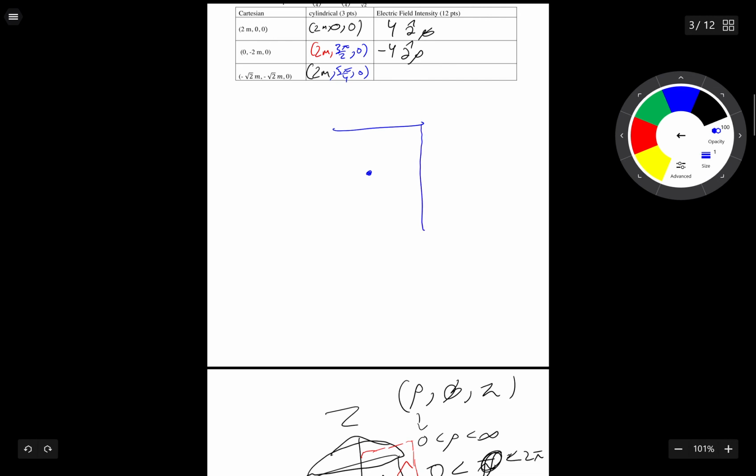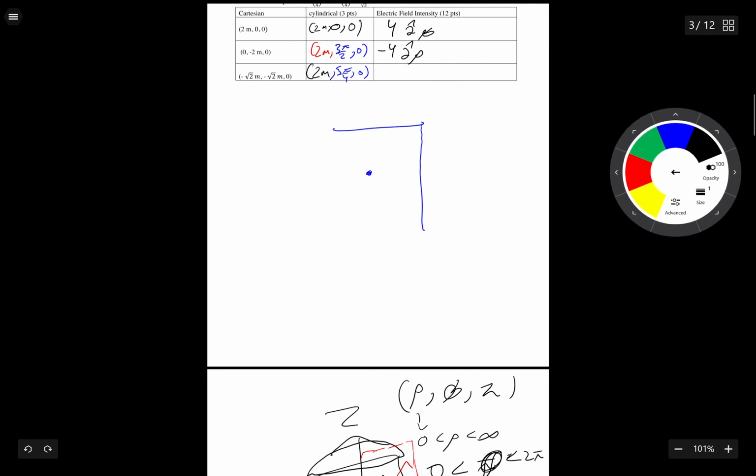Let me be more tidy. This is our rho, so our rho unit vector is going to be towards the increasing rho direction. This is our a sub rho, and our a sub phi is going to be towards the increasing phi component. So if our phi stops here, the increasing would be towards this direction, right?